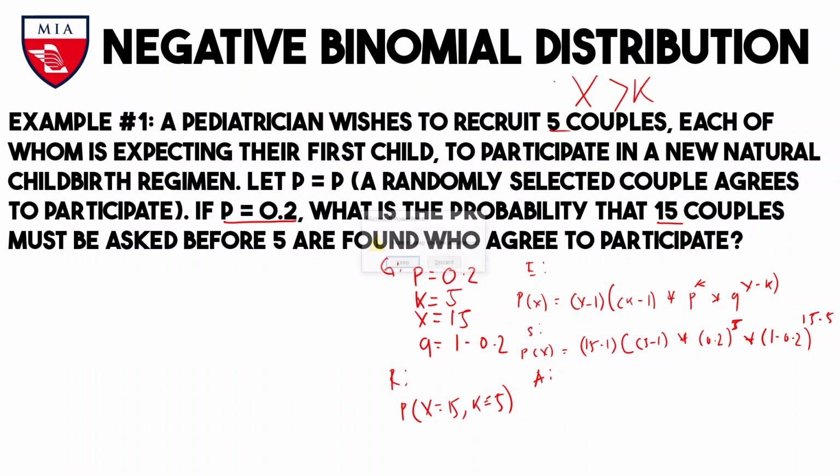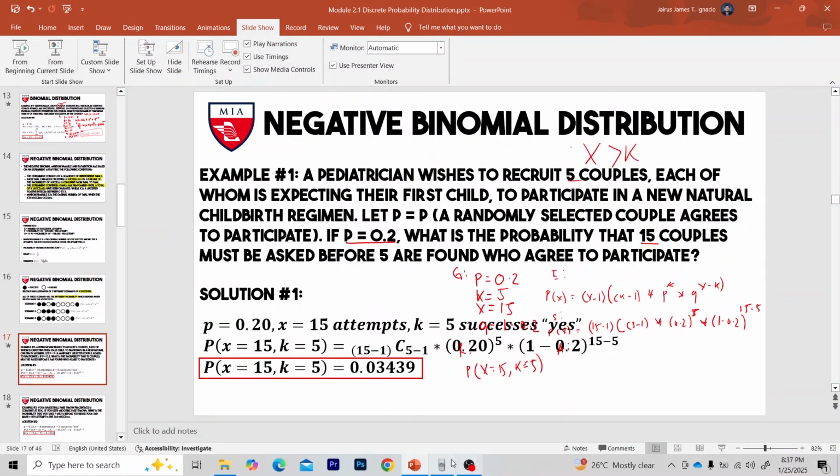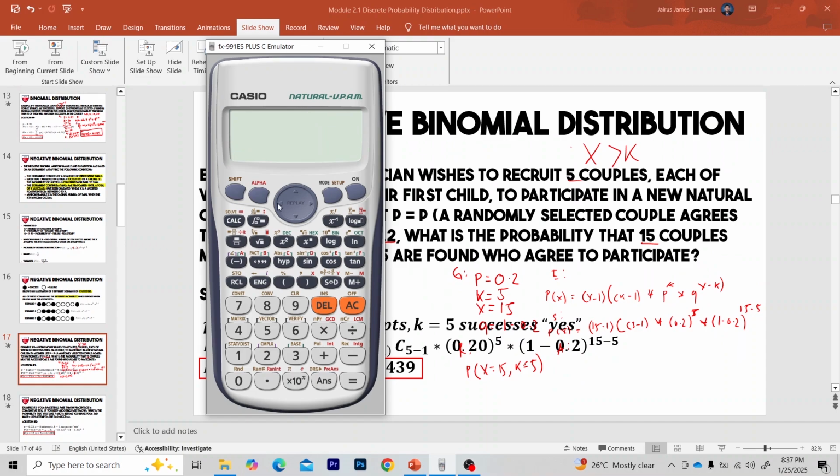So in order for us to solve this example, here's our calculator. We have quantity 15 minus 1, shift combination, quantity 5 minus 1, quantity multiplied by 0.2 raised to 5 multiplied by 1 minus 0.2 raised to 15 minus 5.